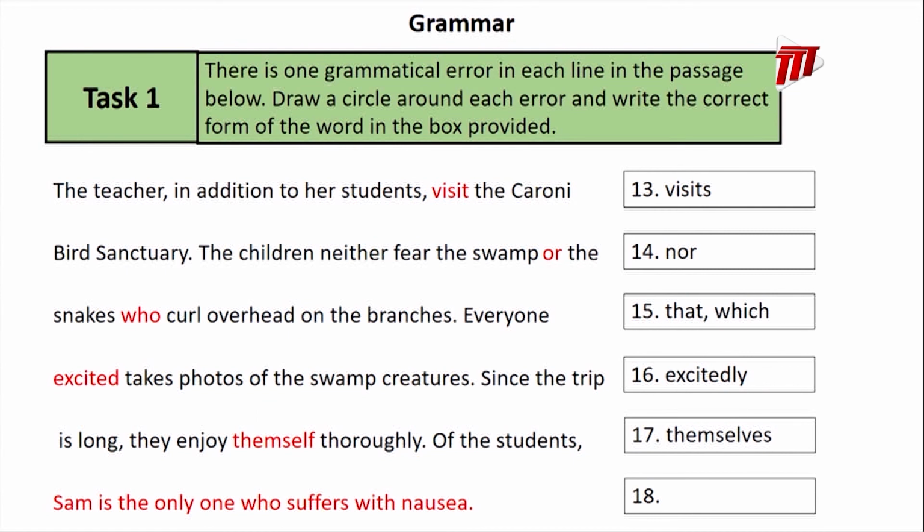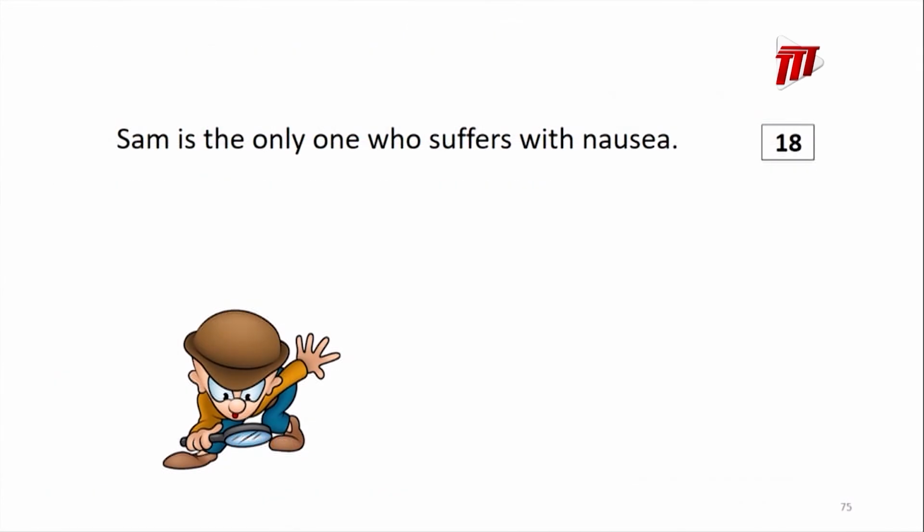And in the last line, of the students, Sam is the only one who suffers with nausea. Do you know what the error is in this sentence? Yes, something is wrong with the preposition. And I'll tell you another thing. You have to learn your prepositions and how they are used.